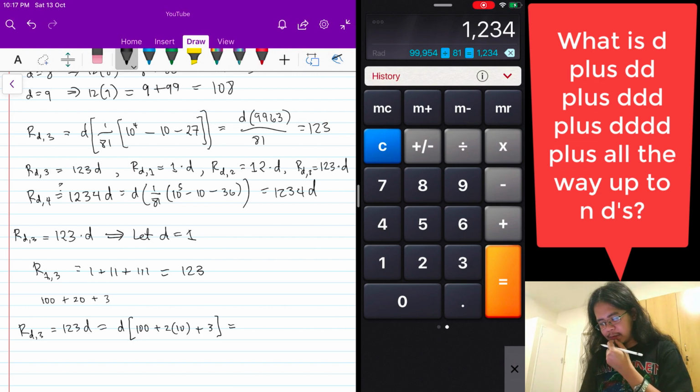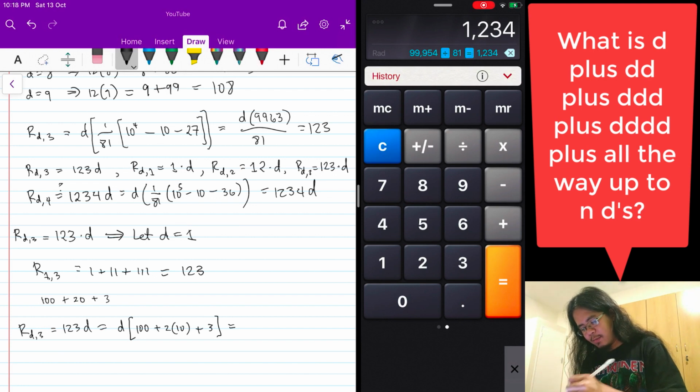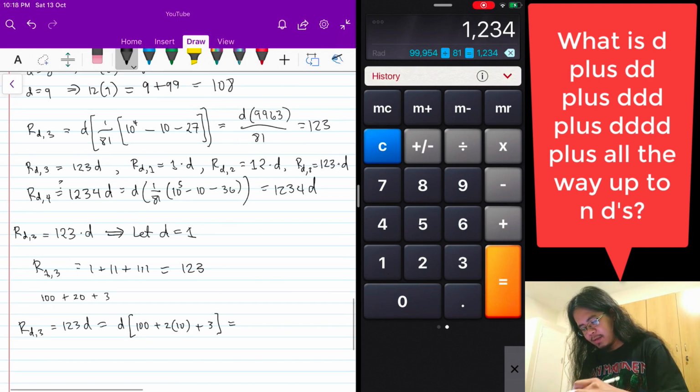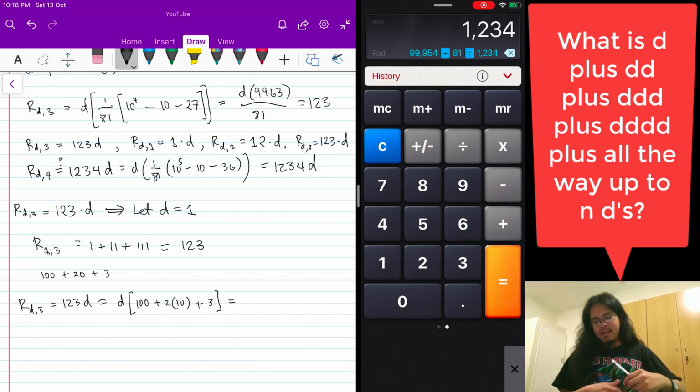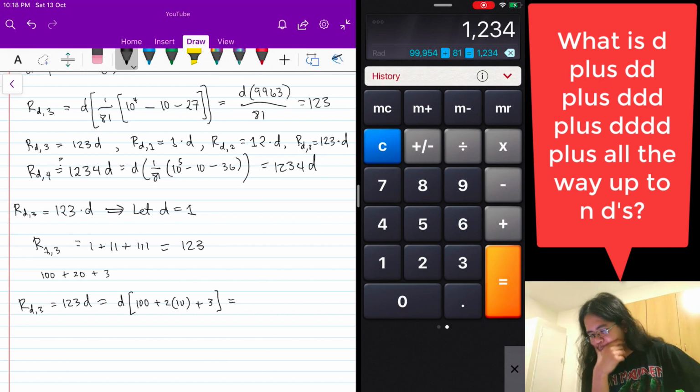It works because, okay, I think I can write this in general as, let me think. This is 1, 2, 3 times D, 1 times 20 times D.